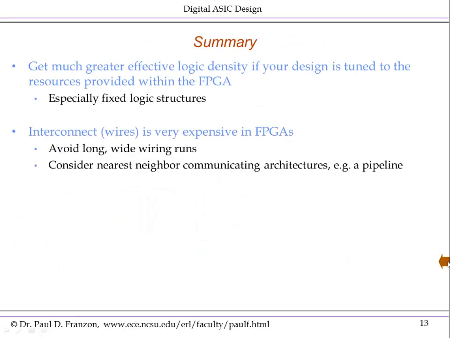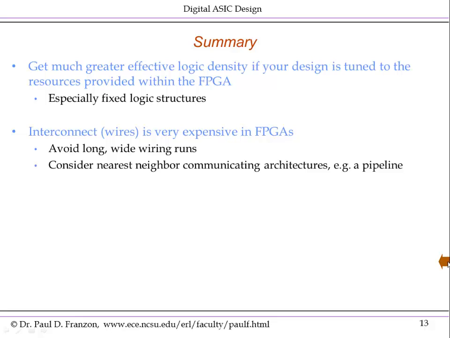So that brings us to the end of this section. The two main lessons I want you to take home with you are that the logic density of your design depends heavily on how you write your RTL.